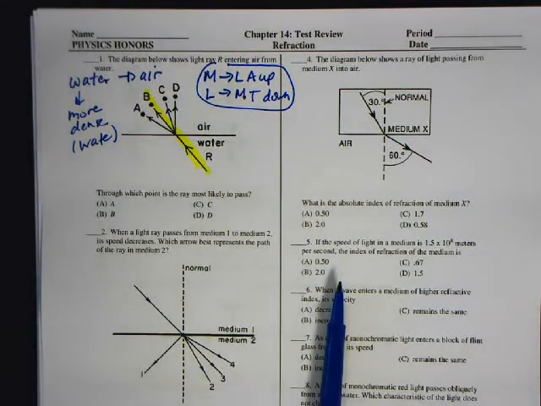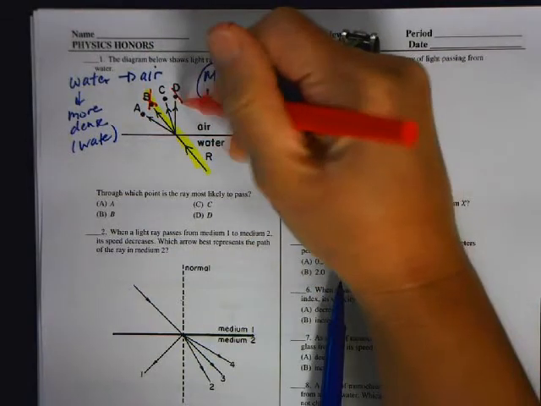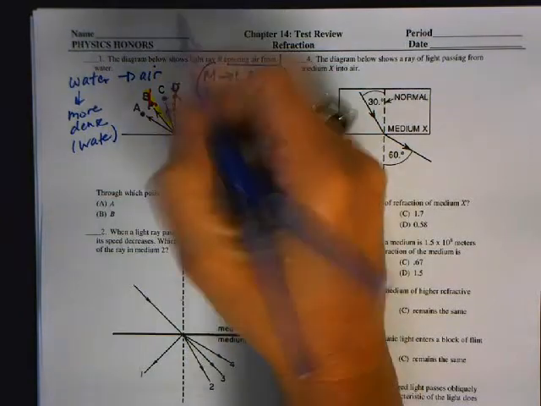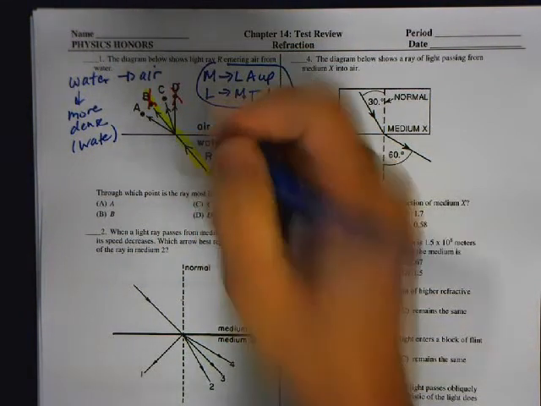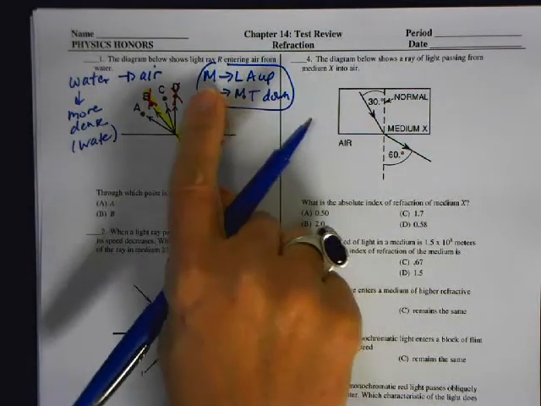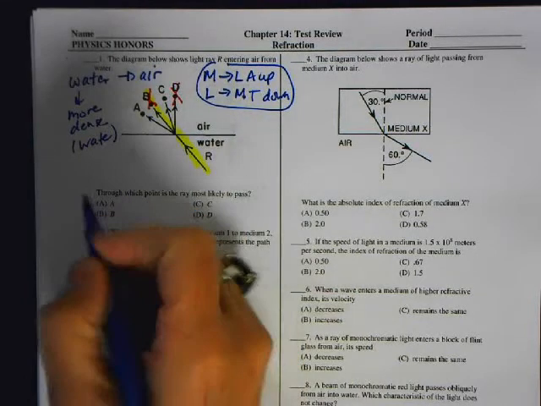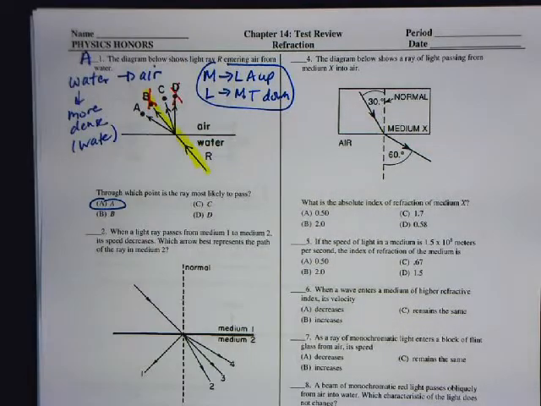So right away, you're going to say, I know B's not right. D is the normal, so that's not right. So the answer is either A or C. Remember, this is the normal. That's towards the normal. This is away from the normal. So this one is going to bend away from the normal because more dense to less dense is away. So the choice here is A. MLA up. We can all remember that, right?